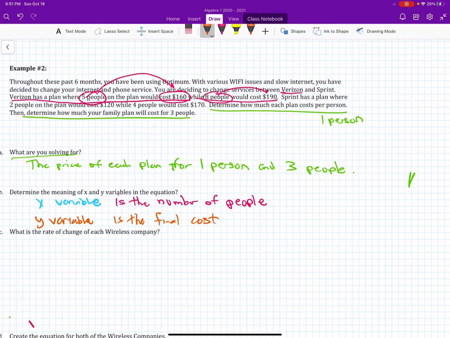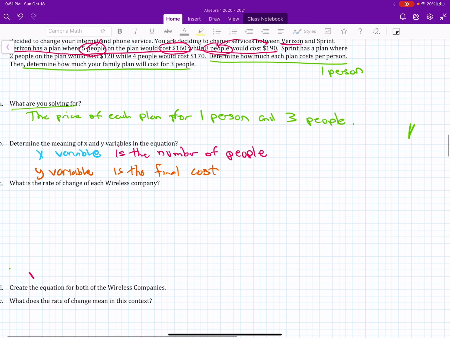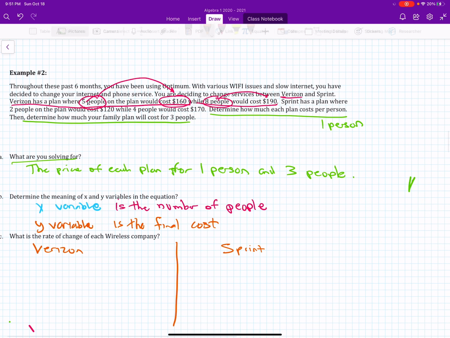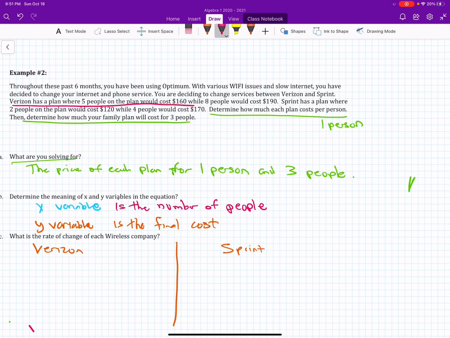What is the rate of change for each wireless plan? So let's split this up into 2 now. We're going to go Team Verizon and Team Sprint. So let's create some annotations real quick. We already said it's the Verizon plan of 5 people, cost of $160.